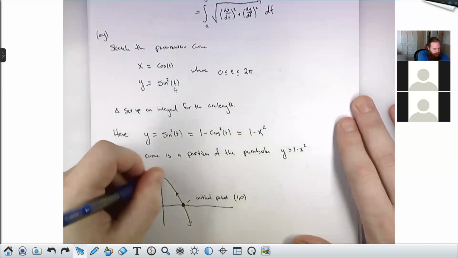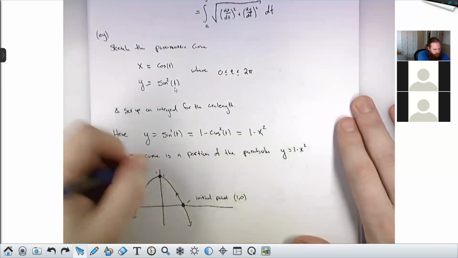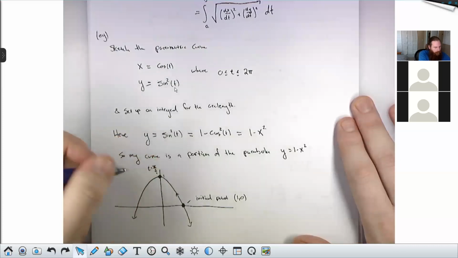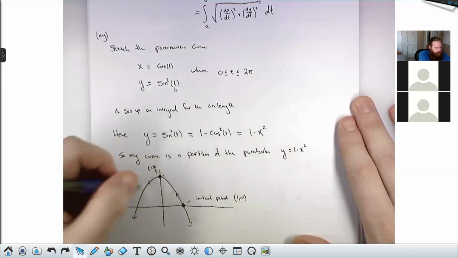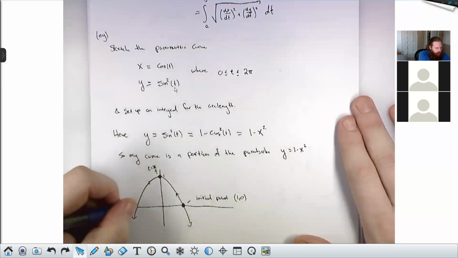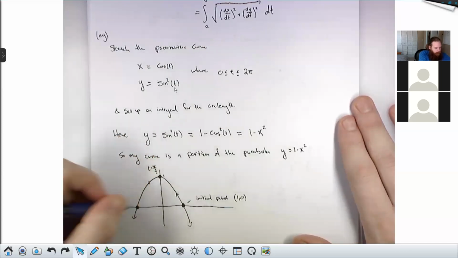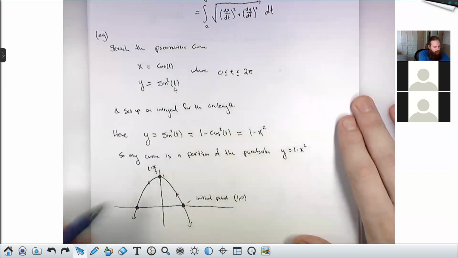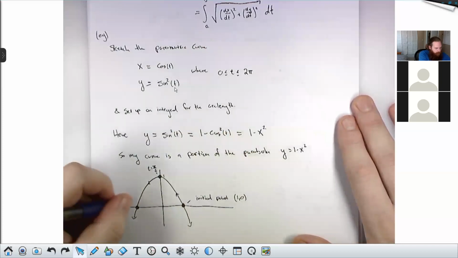And this is the point associated with t equals pi over 2. And so my ant will continue walking over this way. This is the point associated with, well, if I plug in t equals pi, cos of pi is -1, that's this. And sine of pi is 0, so this is the point associated with t equals pi.